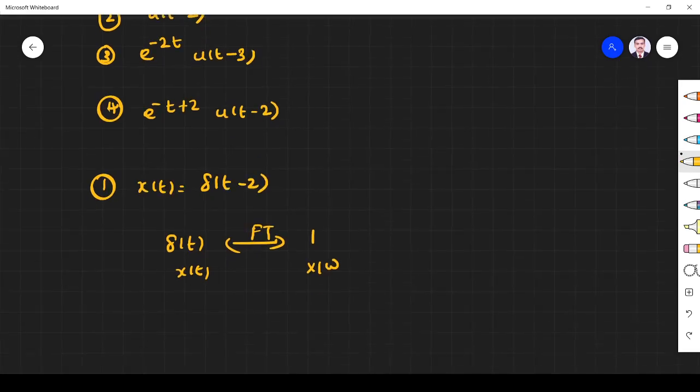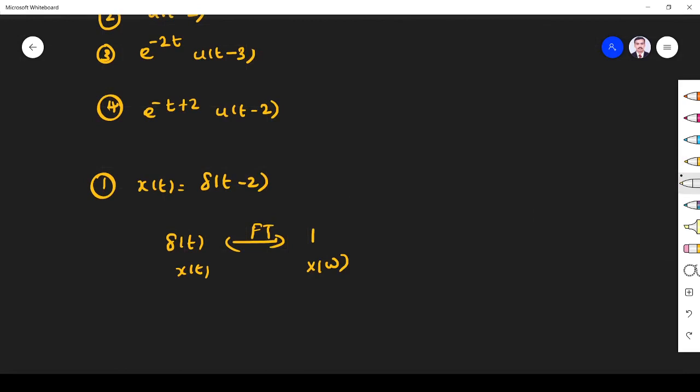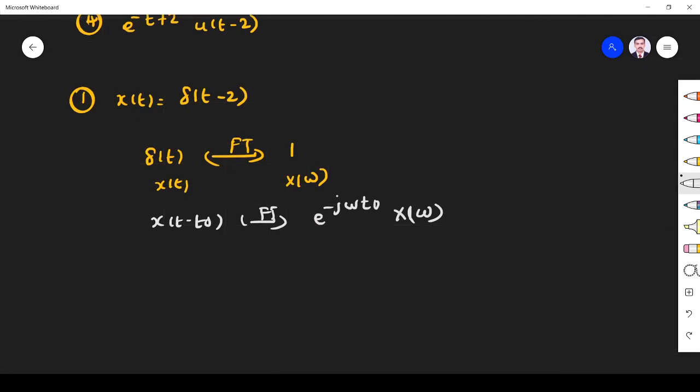If x of t has Fourier transform X of omega, as per the time shifting property, what is the formula? x of t minus t naught has Fourier transform e power minus j omega t naught into X of omega. So ours is delta of t minus 2.